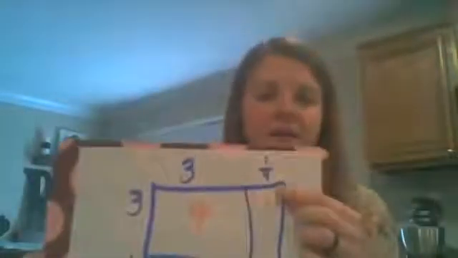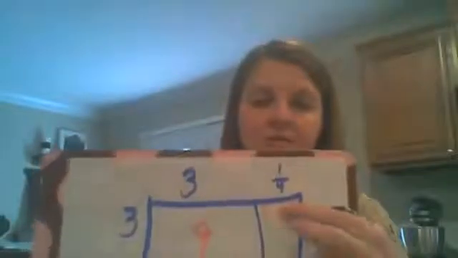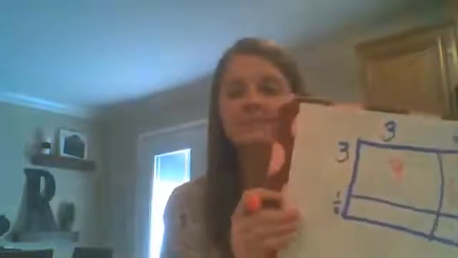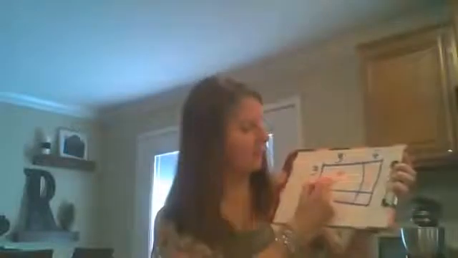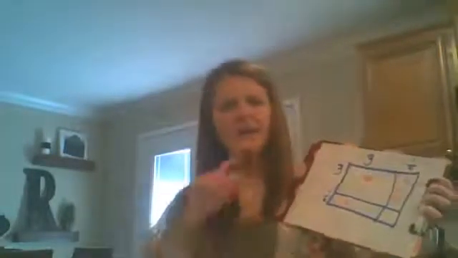Remember that dot can be the same thing as a multiplication sign. Okay, it means the same thing. So 3 times 1/4 is 3/4, right? Then in this section, we've got 3 times 1/2. Well, I know that if I put 2 halves together, that's a whole. So 3 times 1/2 is 3 halves. That's the same as 1 1/2, isn't it?